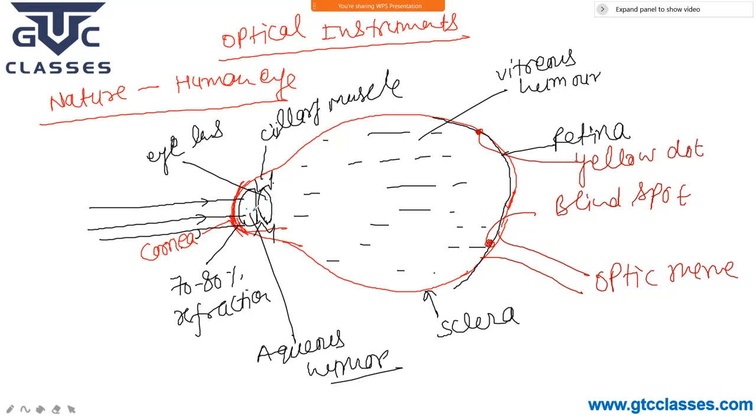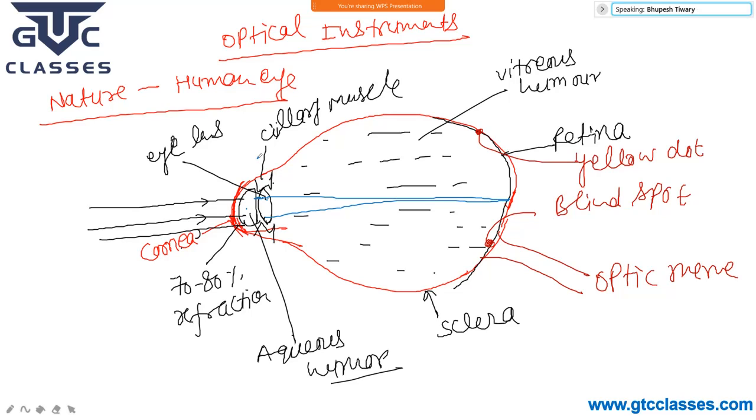Eye lens is basically a convex lens. It helps to converge, because we would like the image to converge here like this. What is the function of the ciliary muscle? Any thought? I am asking.